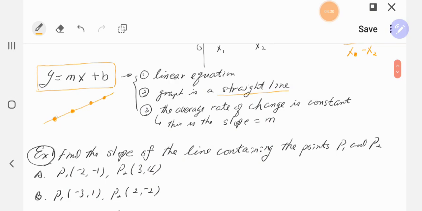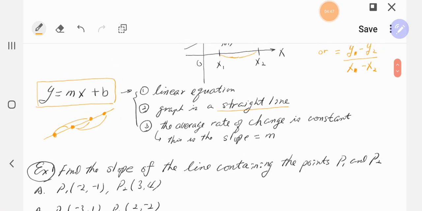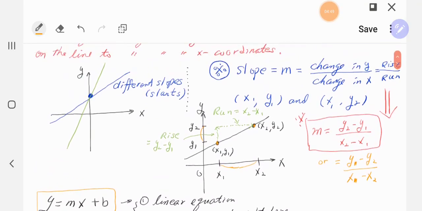So the slope using these two or these two or these two, is always the same. We can select any 2 points. These 2 points must be different points. Select 2 different points, then the slope is always the same.